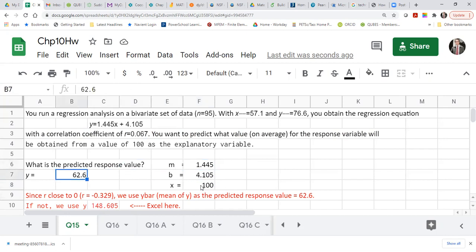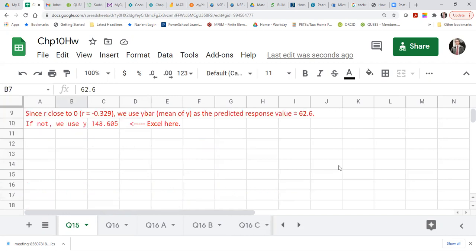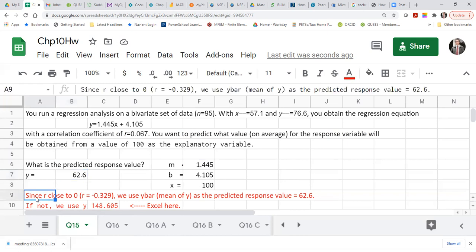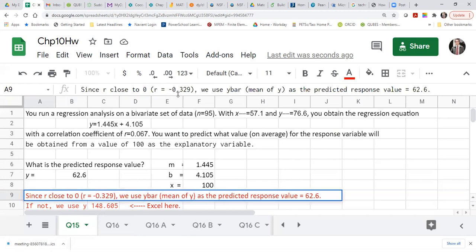Okay, I think again something is off in the formula. So you can see here, the r is close to 0 because r is equal to 0.067, right?